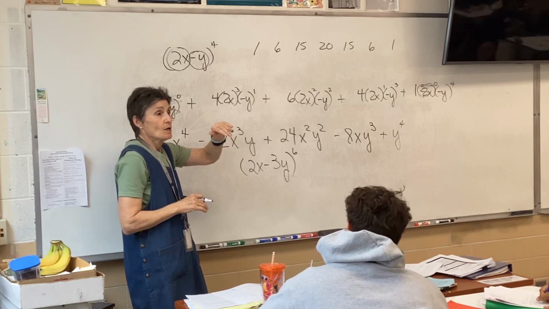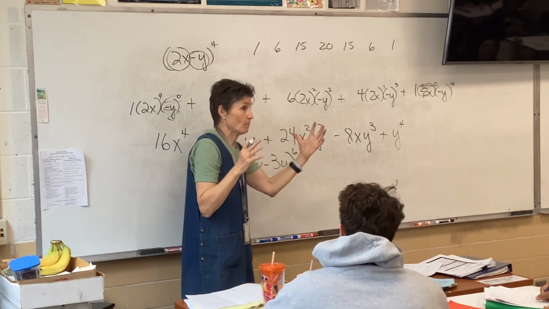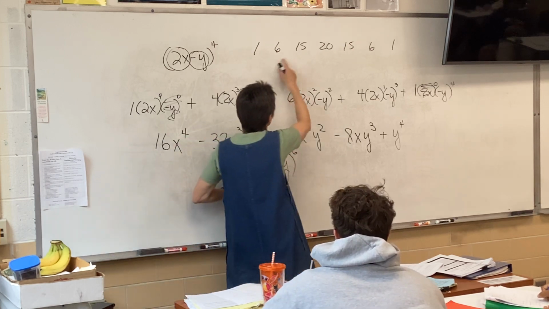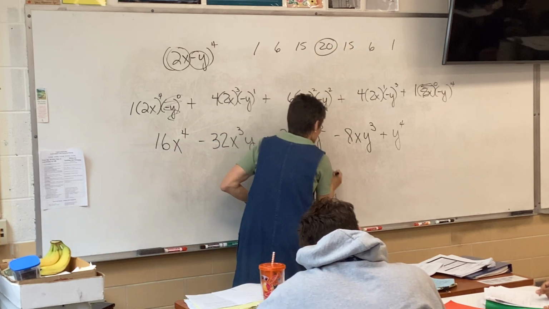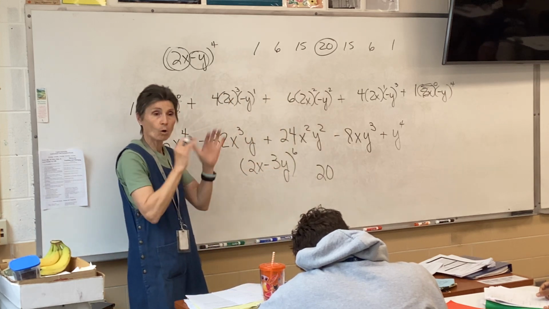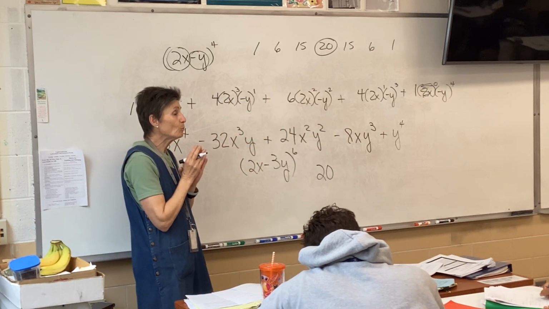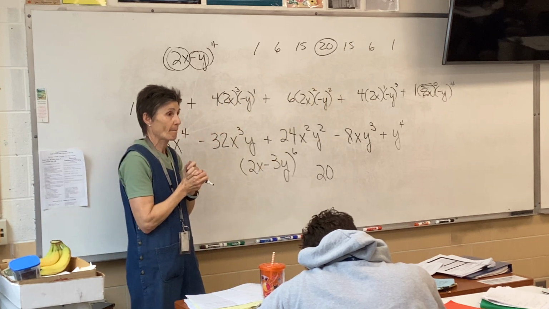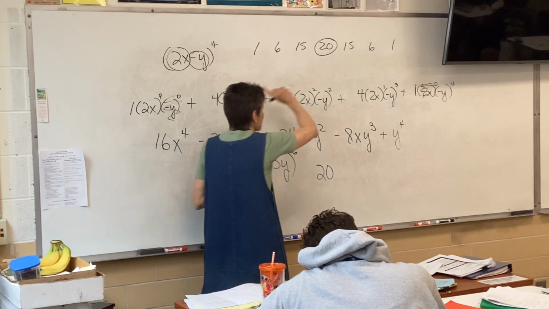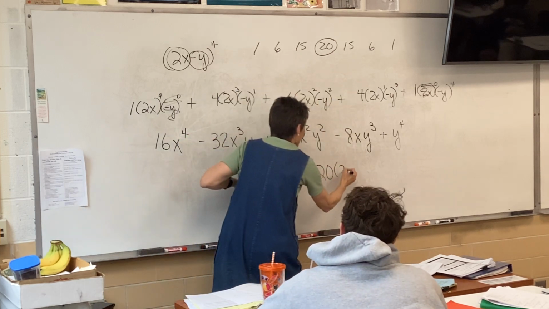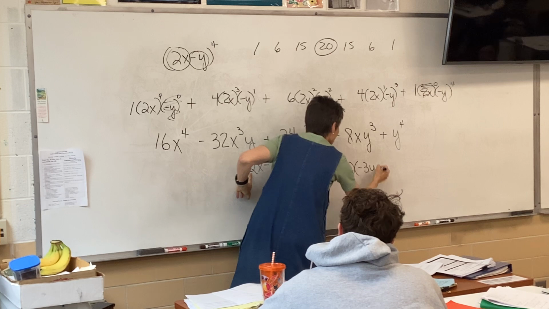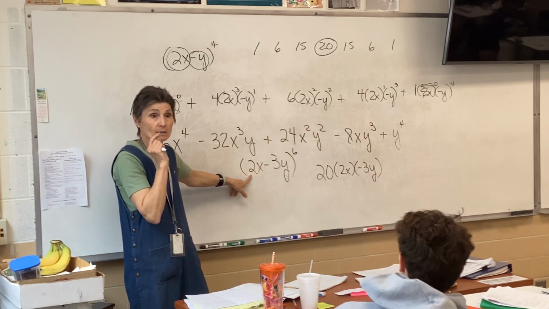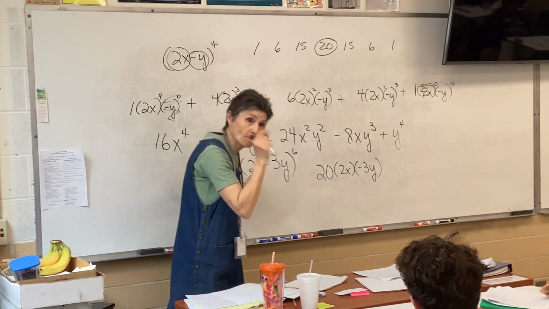Okay. Instead of writing down all those numbers, I only want the 4th one. So my coefficient is 20. It's the only one I want. If I were doing the whole problem, I would write them all down. Next to each of those numbers will be a 2x and a negative 3y, because those are the pieces of the binomial.